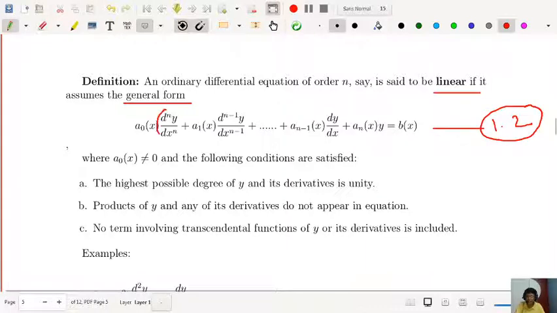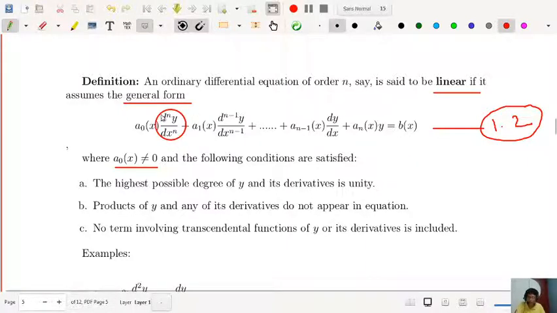The highest order derivative involved is dny dxn, nth order, and a0(x), a1(x), up to an(x) are all coefficients, functions of x. The right-hand side b(x) is also a function of x. There is no function of y. The coefficients are all functions of x, and a0 is not equal to 0. The coefficient of the leading term is not equal to 0.